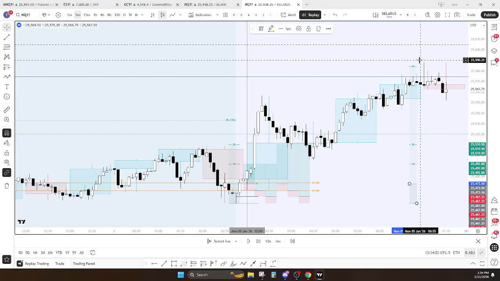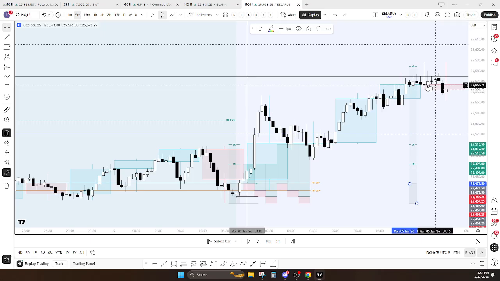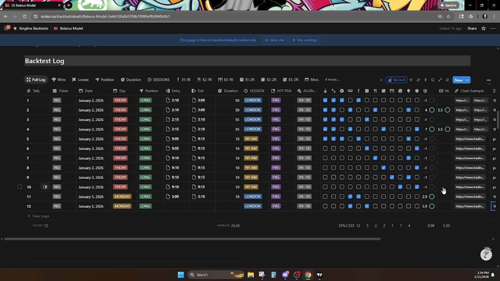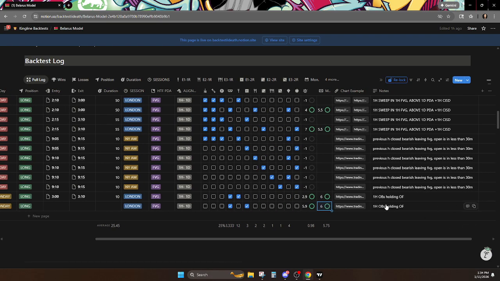The reason I stopped the trade here is because we have a 5-minute CISD here. I'll just do 6. So we have a max 6R. And that's the idea. This is always for the idea, not for the actual R from entry.